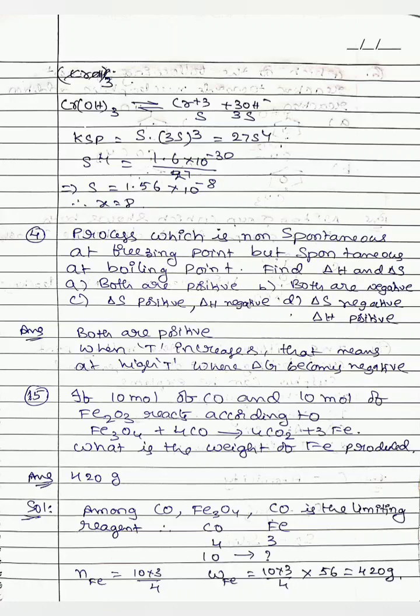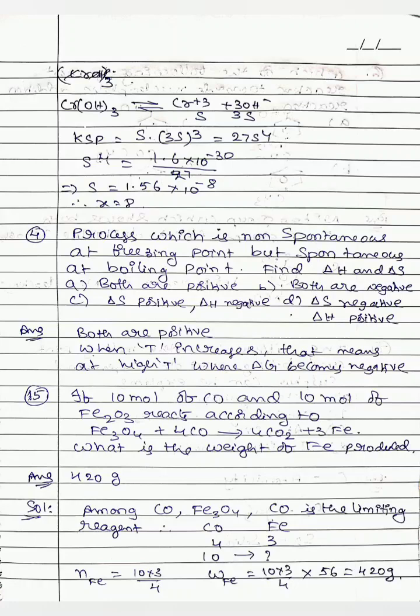If 10 moles of CO and 10 moles of Fe2O3 react according to Fe3O4 + 4CO gives 4CO2 + 3Fe, what is the weight of Fe produced? With 10 moles of CO and 10 moles of Fe2O3, if we look at the balanced equation, more moles of CO are required than Fe3O4, so CO will be the limiting reagent.